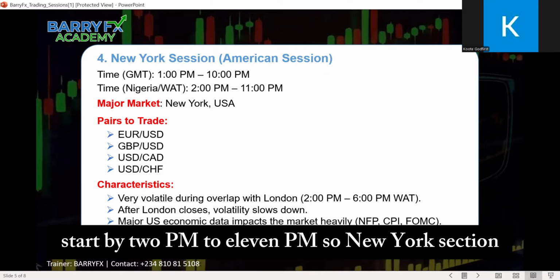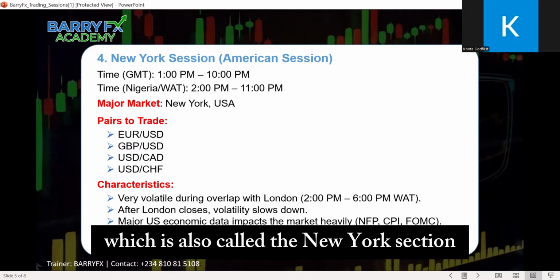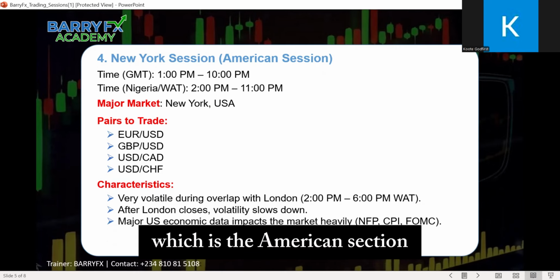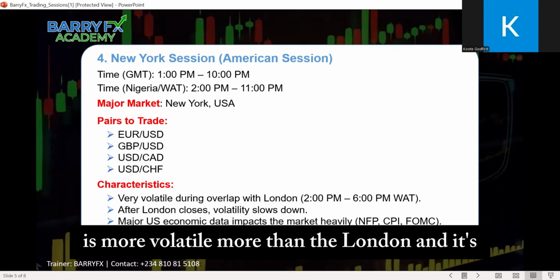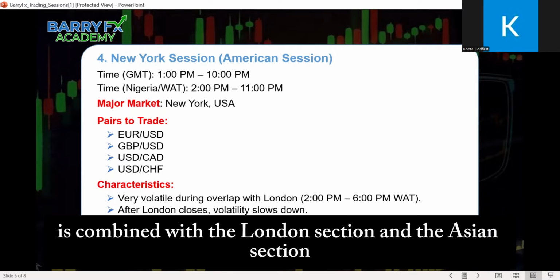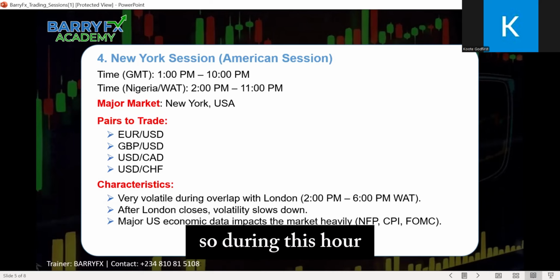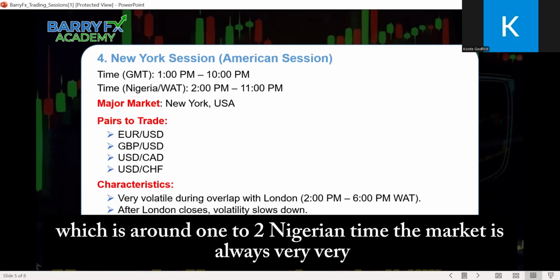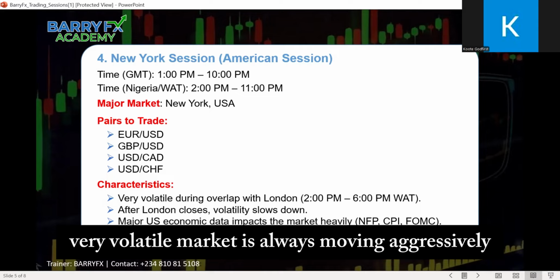It is more volatile than the London session, and it is combined with the London session and the Asian session during this period. So during this hour, which is around 1 to 2 Nigerian time, the market is always very, very volatile.